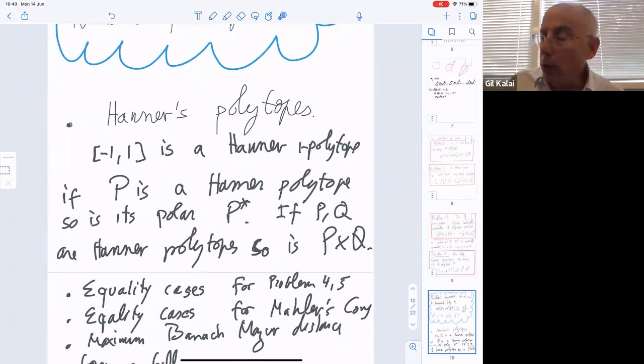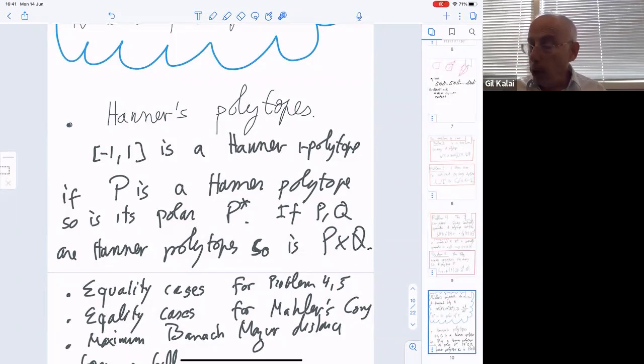The line segment [-1, 1] is a Hanner polytope, and if P is a Hanner polytope, so is its polar P star, and if P and Q are Hanner polytopes, so is the Cartesian product P times Q. This implies also that the direct sum of P and Q is a Hanner polytope, because this is the dual operation of Cartesian product. So altogether, as the dimension grows, we have a large number of such polytopes.